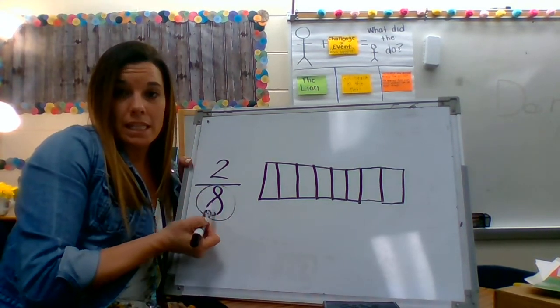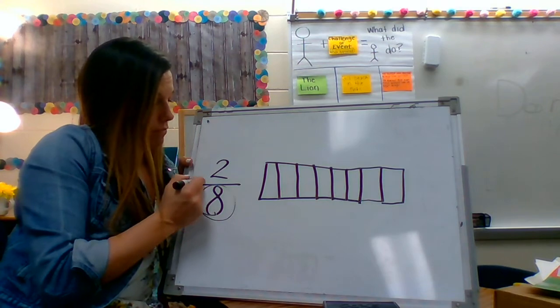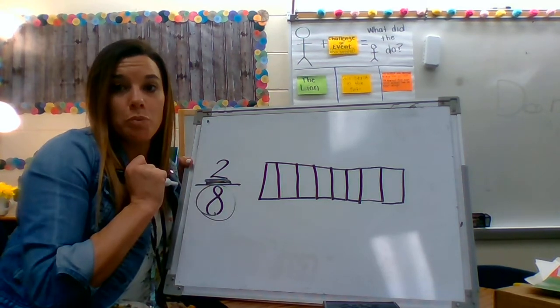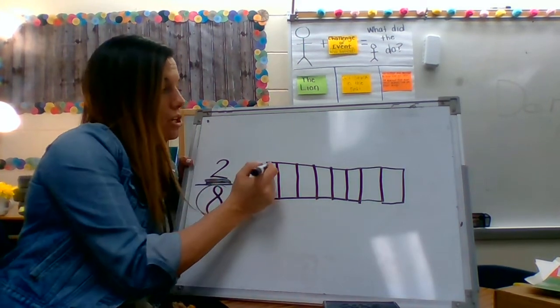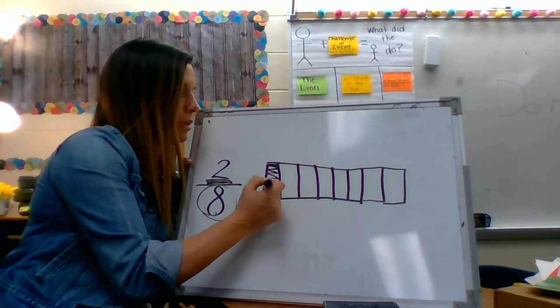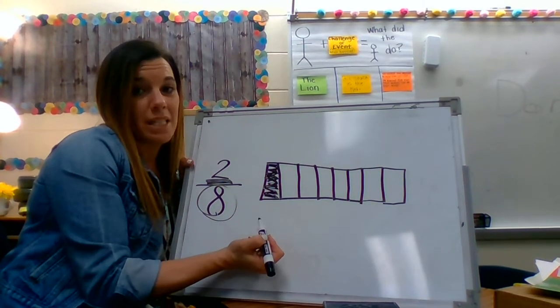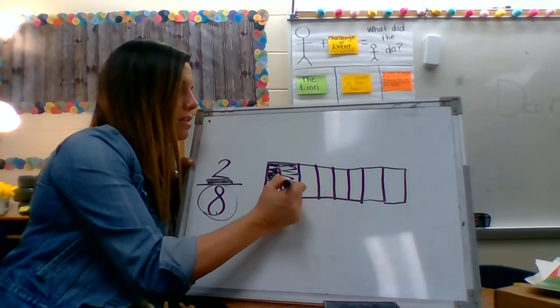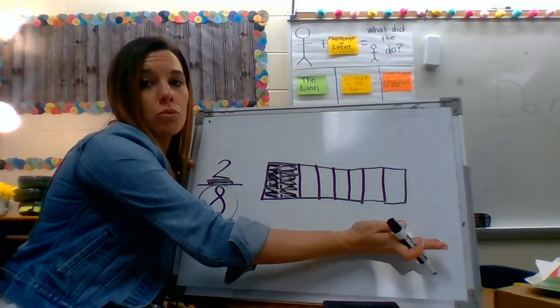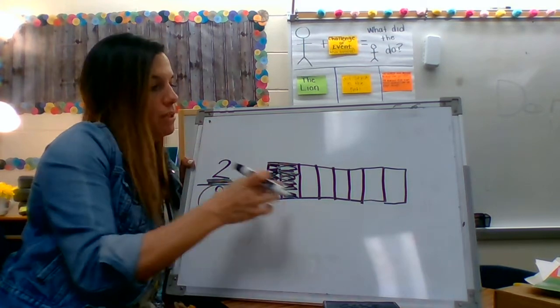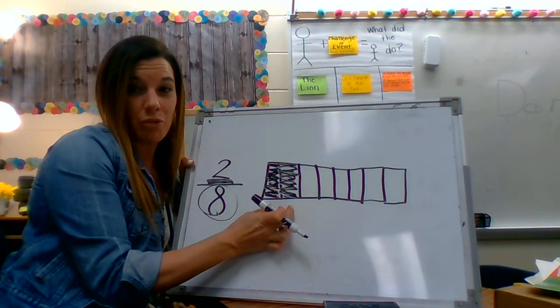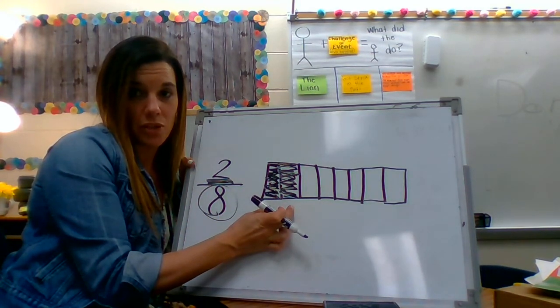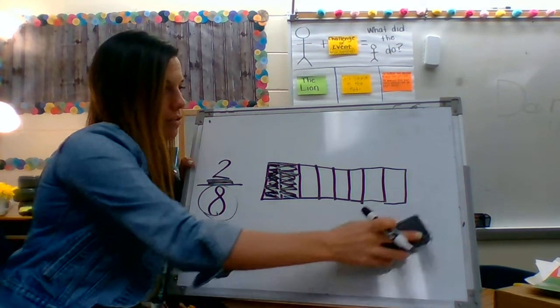How many pieces am I going to shade in? 2 pieces, because 2/8. So I can shade in 1 piece, and they don't have to be side by side, okay? I'm going to make it side by side just so I can show you. So we have 1 whole rectangle, but 2/8 of my rectangle is shaded in. Do you see that? Okay.